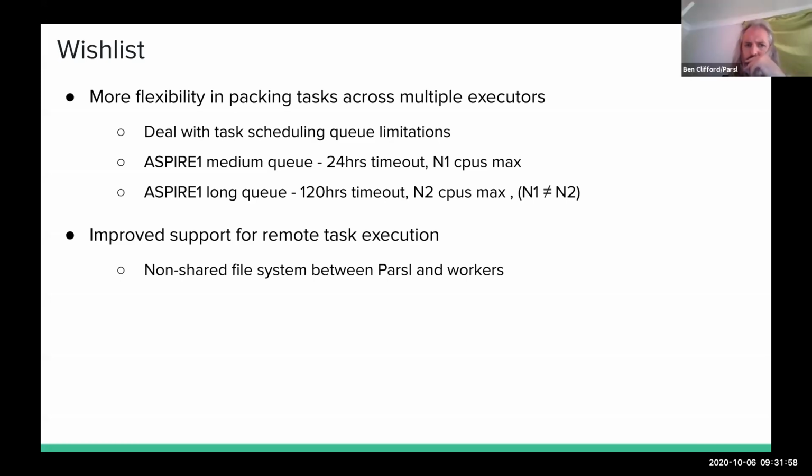But the resources available to you on those two queues are different. So we don't know how Parcel would allocate tasks to those executors. If it ends up allocating everything to the long queue, then you can't provision many nodes on the long queue. So as a user, you want to squeeze out every bit of compute resources you have in that platform. Okay.